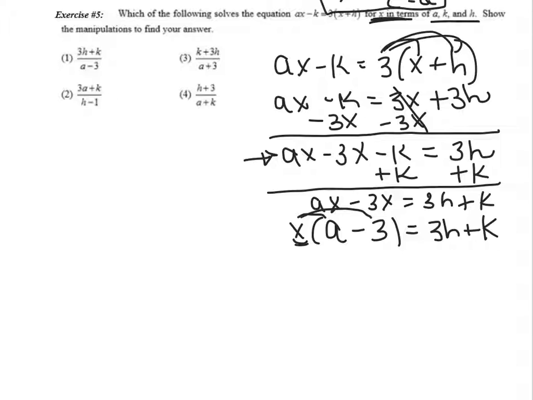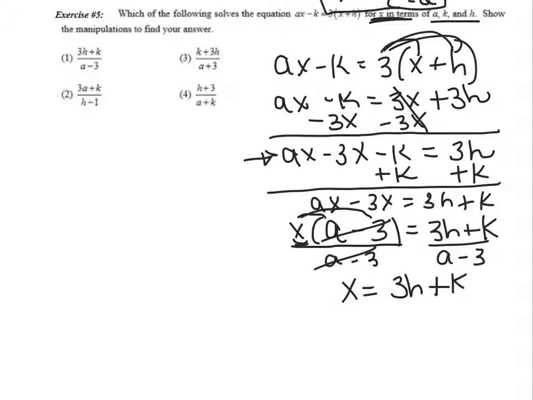Now that x is multiplied by the quantity a minus 3, we just have to unmultiply by a minus 3, or divide by a minus 3. You're left with x is equal to 3h plus k over a minus 3.